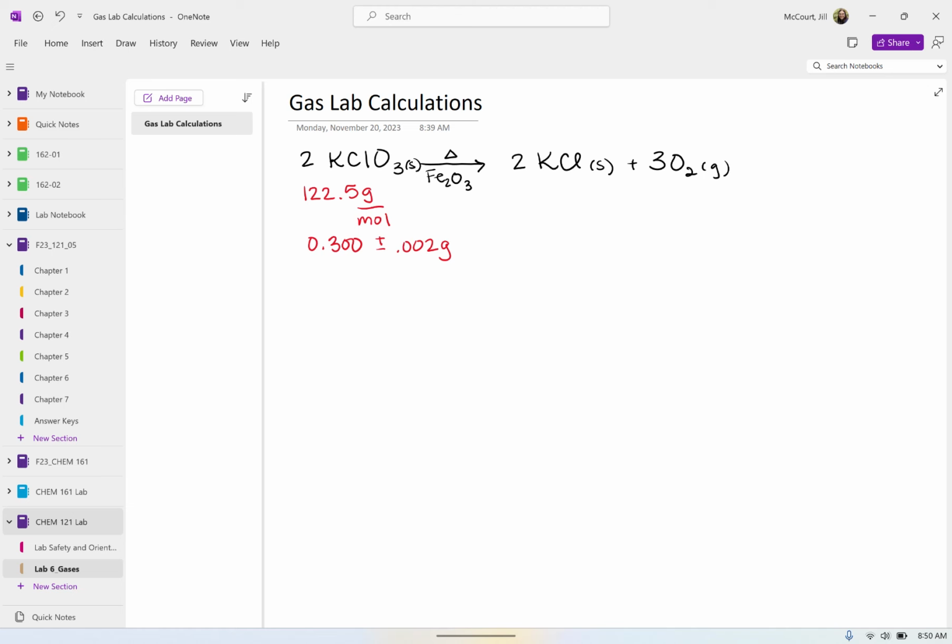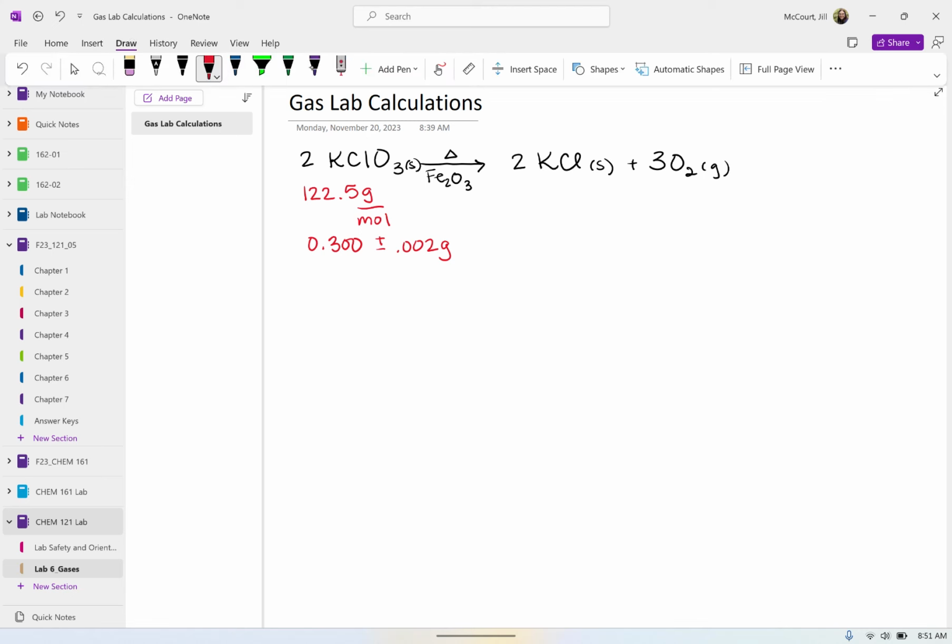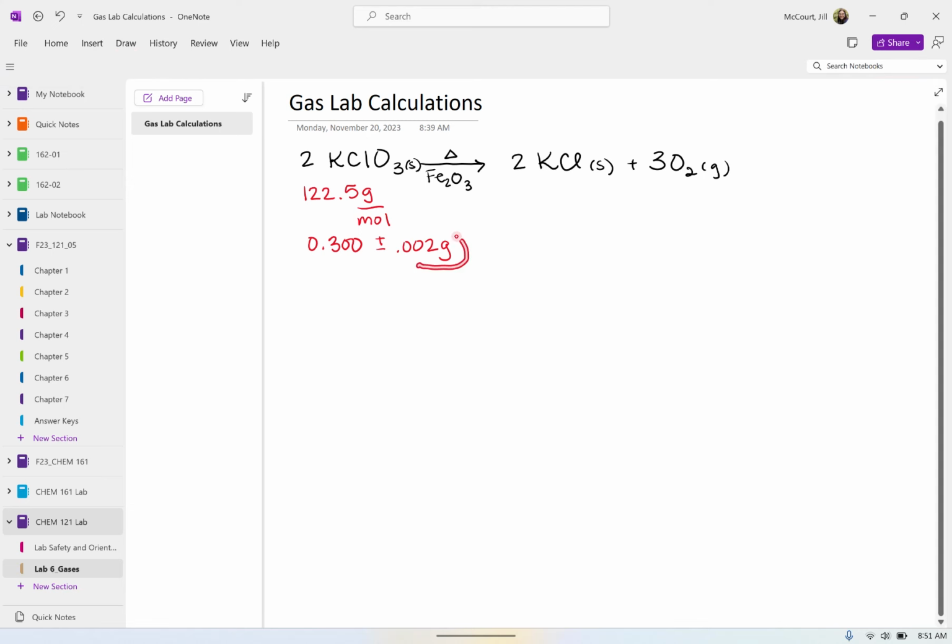Now, when you are calculating the moles of potassium chlorate used in the reaction, then you don't need to take into account that 0.002, but this will become important when we go to talk about our error analysis as in our last question of our post lab.